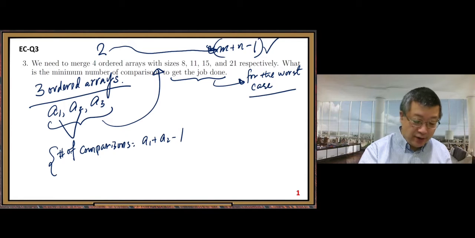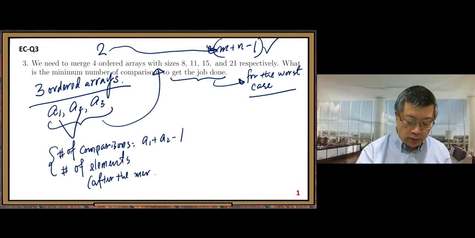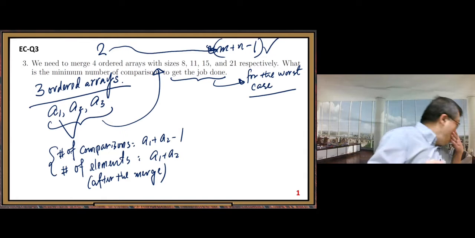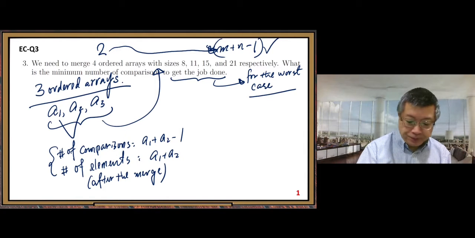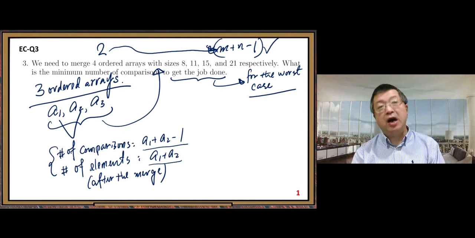But also, we need to write the number of elements after the merge. A1 plus A2. Now, we need these two numbers, the number of comparisons and the number of elements, the size after the merge.